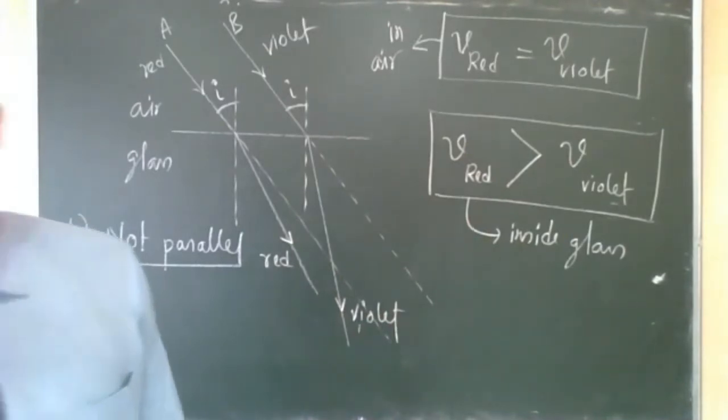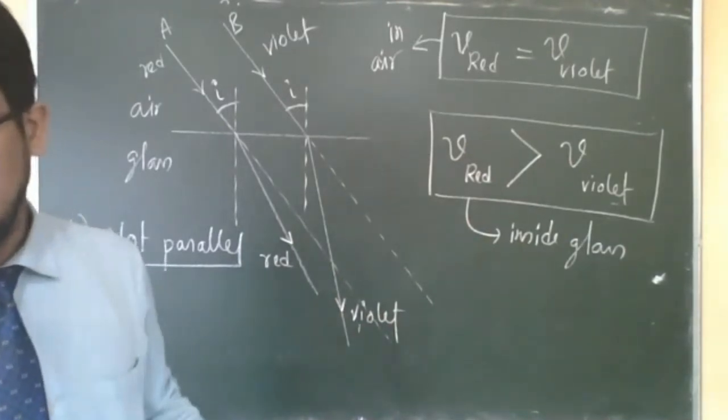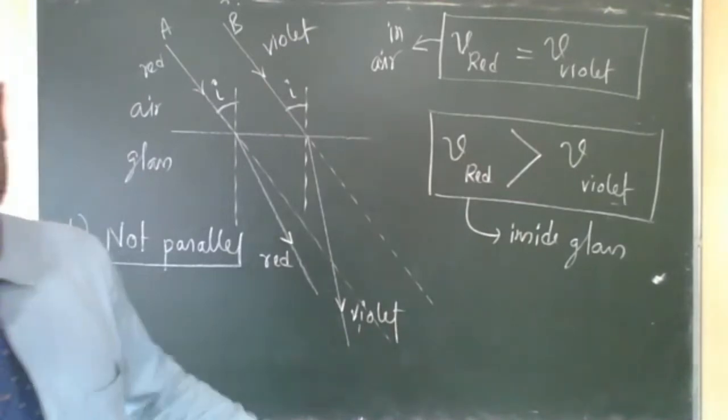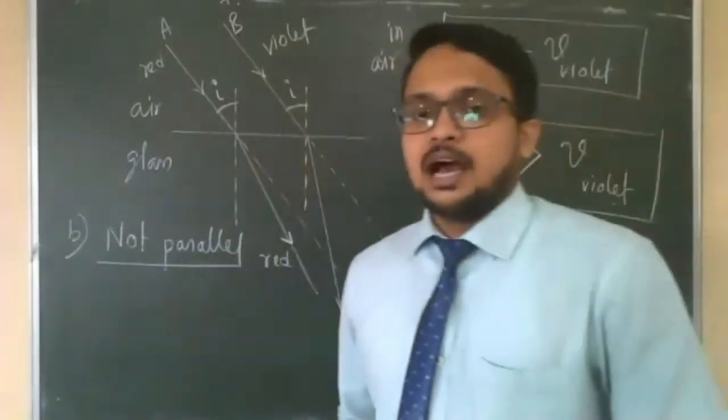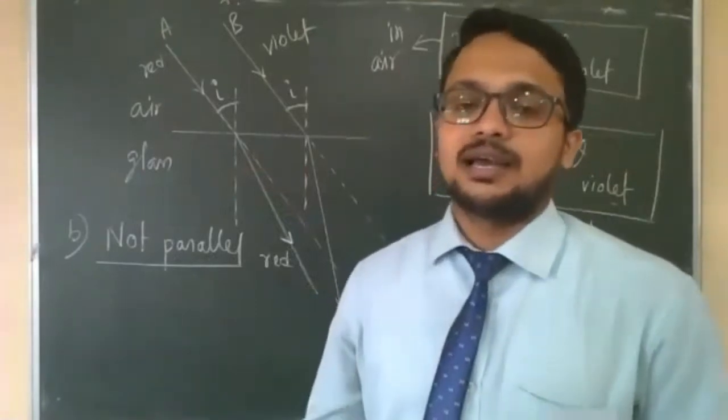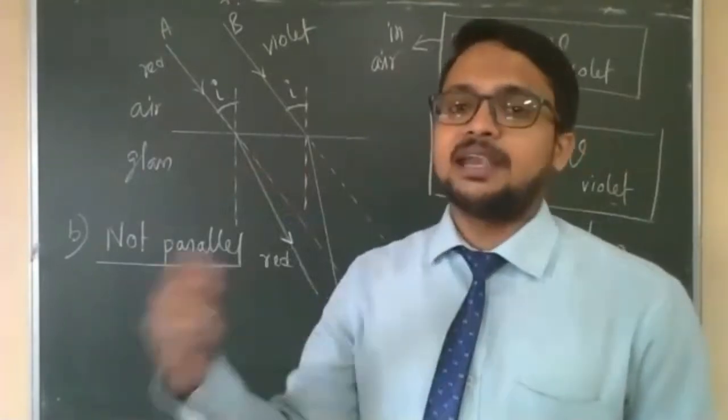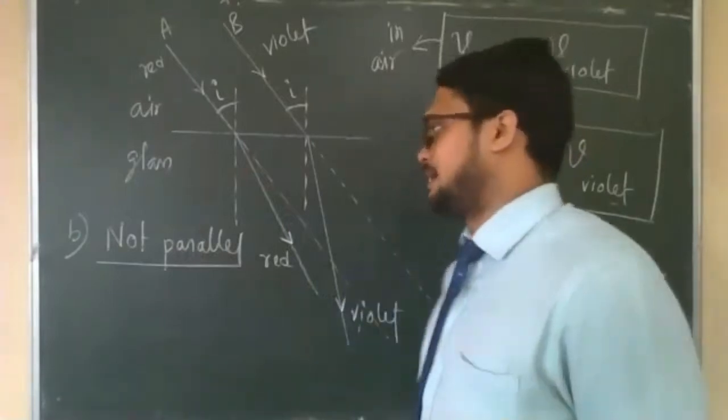Third question: how does the refractive index of glass differ for the two rays? I told you that the refractive index tells how much the light will bend. More bending means more refractive index.